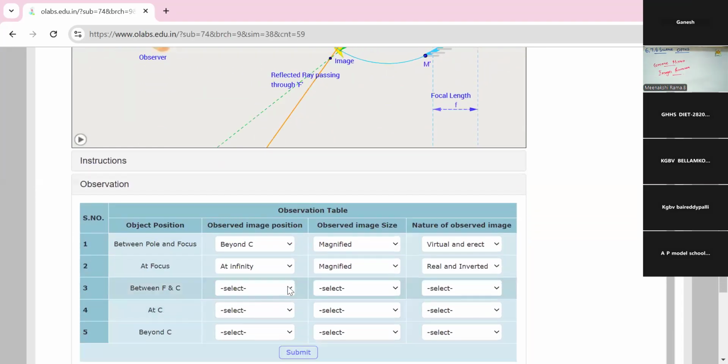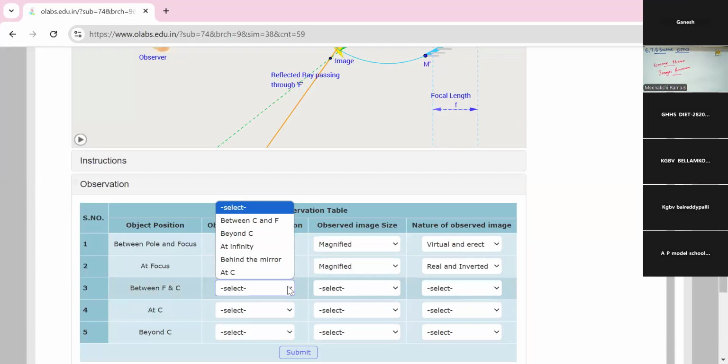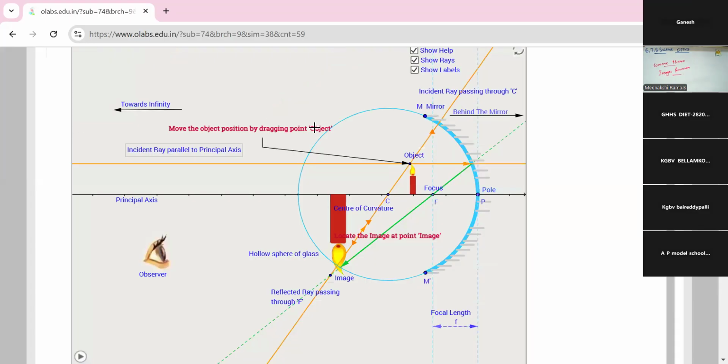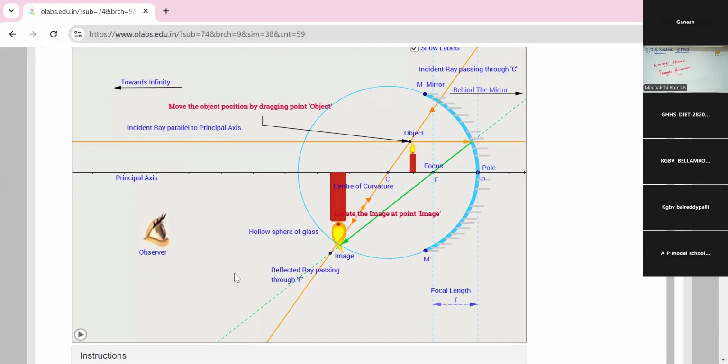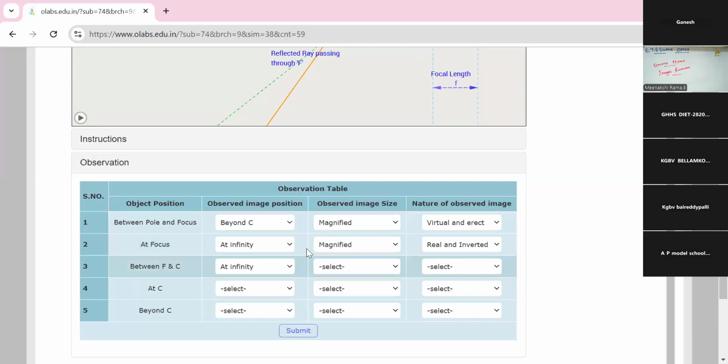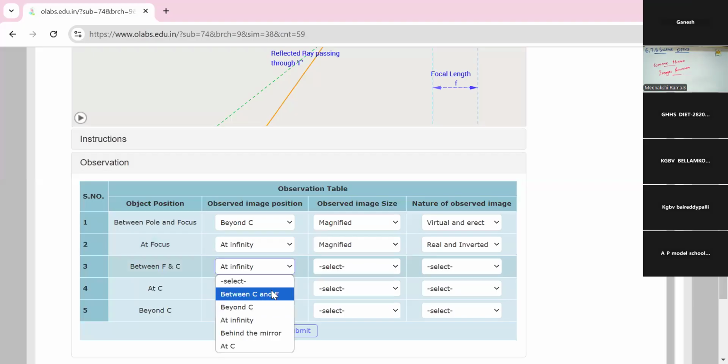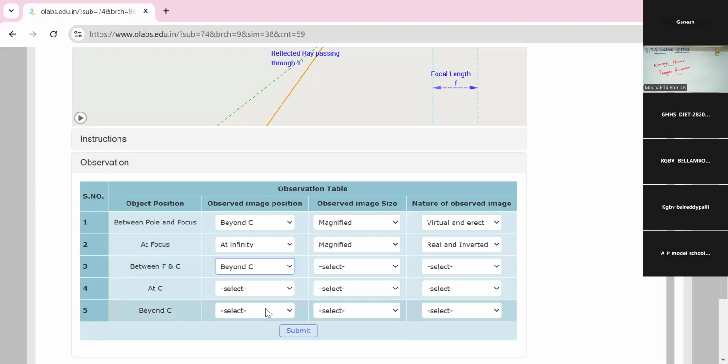So we are going to select the right answer. Where is the image? Between C and F, beyond C, at infinity, or behind the mirror. Where does it occur? Yes, beyond C. This position is called beyond C, so you choose the beyond C point. And next, how is the image?